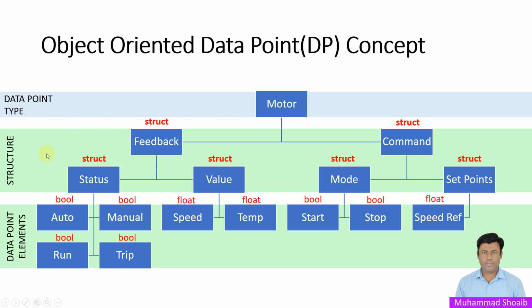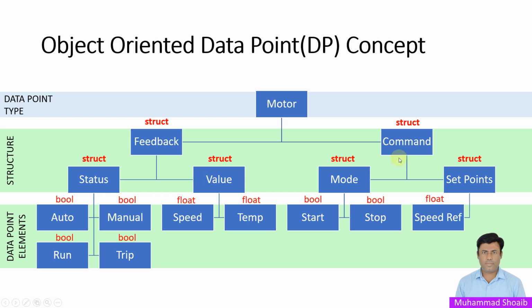So let's summarize. When we configure a data point in WinCC OA, first we have to configure the data point type, that is our main template. After creating the data point type, you have to create the structure nodes. For example, I have input and output. Below the input, I have digital and analog.